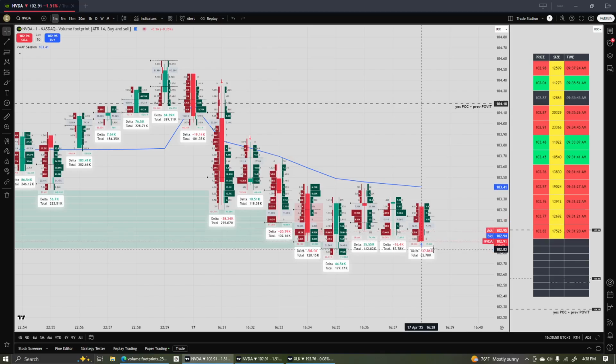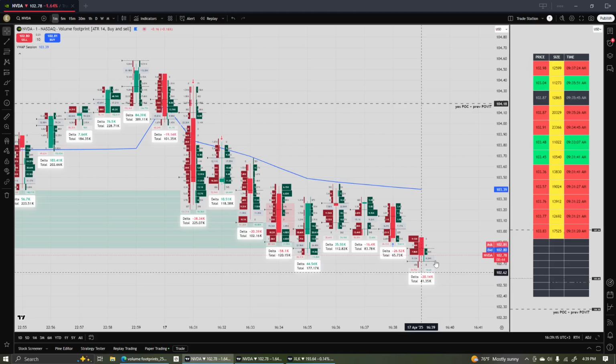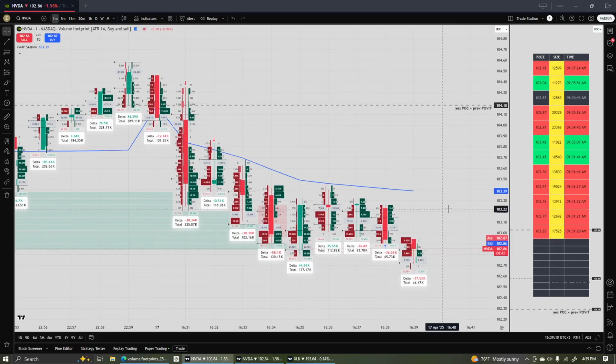The sellers broke down. The sellers broke nice. Nice. We missed all of this move, but it's okay. I do not know how to place my take profits, but that is okay. I'll figure that out later.